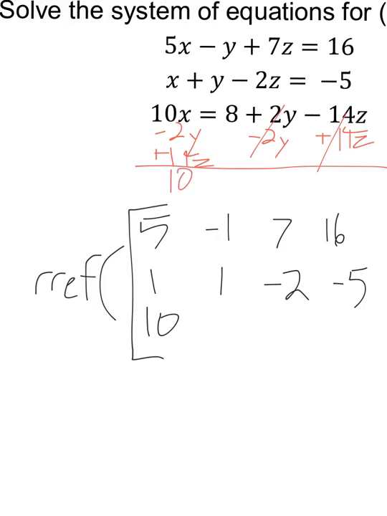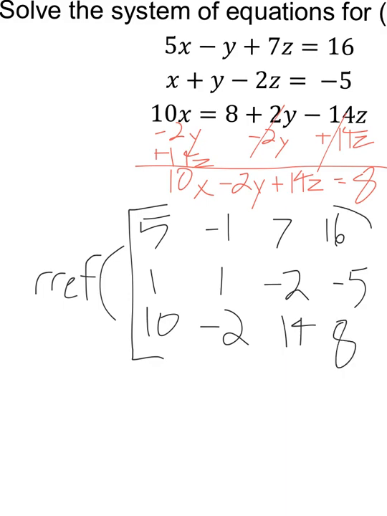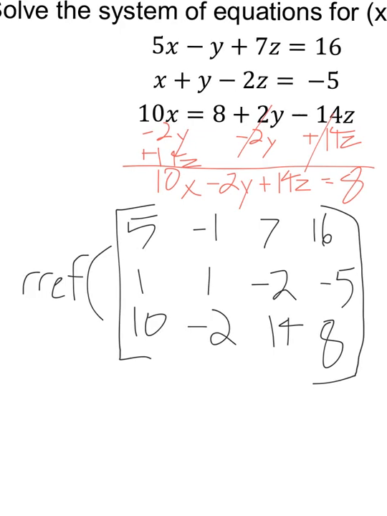And so we get 10x minus 2y plus 14z, and we left behind the 8, so equals 8. So I'm going to write a 10, a negative 2, a 14, and a positive 8. All right, so there's my bracket. I'll close the parentheses, and you'll type this into the calculator.